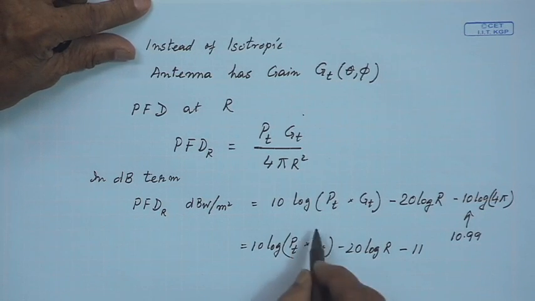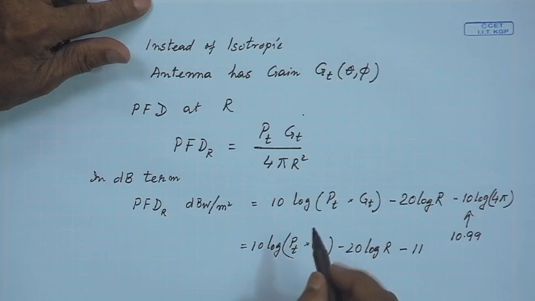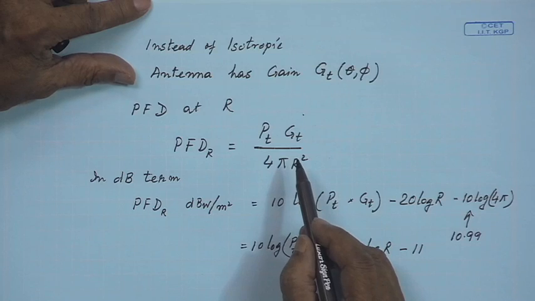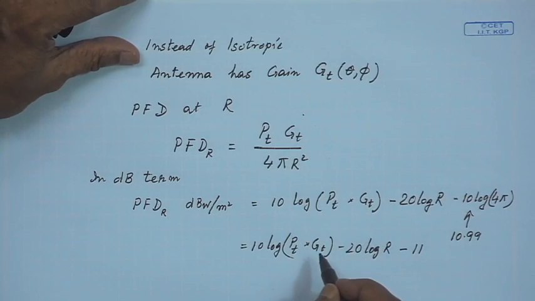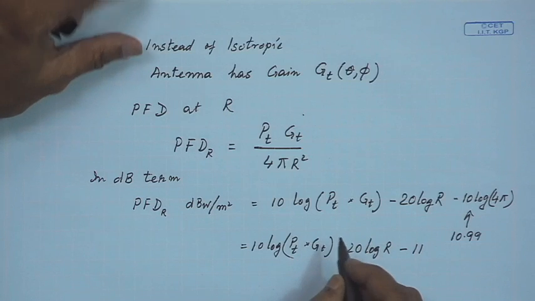Now, you can observe that I did not write it as 10 log PT plus 10 log GT. Instead, I have put PT into GT. There is a reason for it: earlier we had assumed that GT is the same in all directions. Now, we are putting GT maximum in one direction, slowly reducing in theta phi.